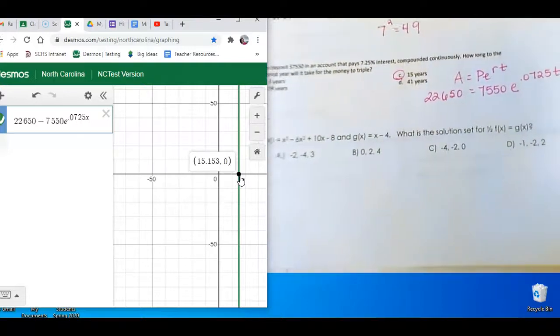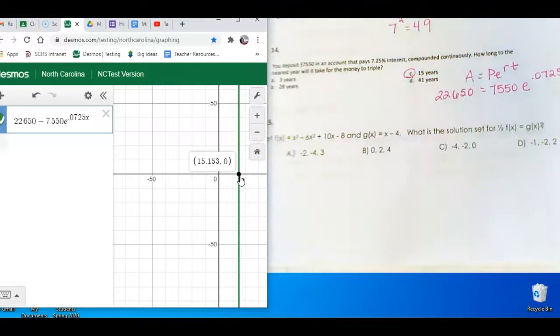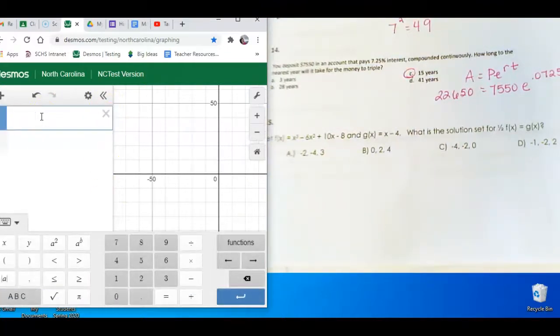All right, number 15. We want to know the solution set here. Although we haven't done one like this in a while, what we did earlier is we did 1/2, and then it says of f of x. So I'm going to put f of x in parentheses in Desmos.